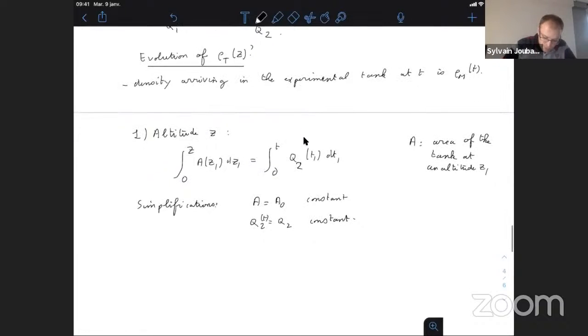If you do that, that's an easy calculation. The height of the water at time t in the tank is given by 1 over A naught times Q2 times t.